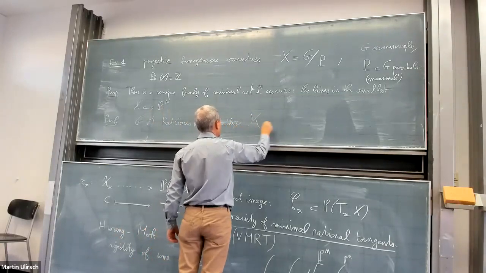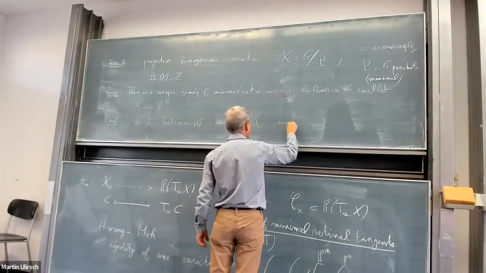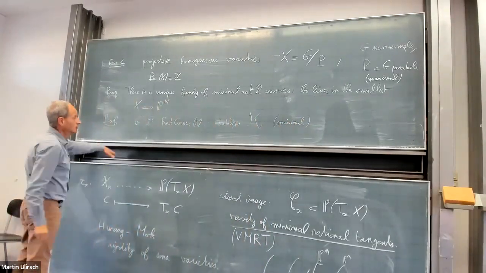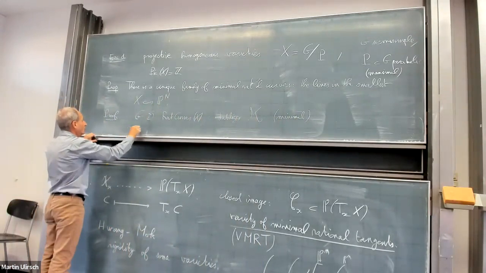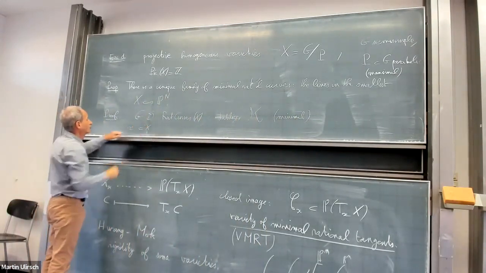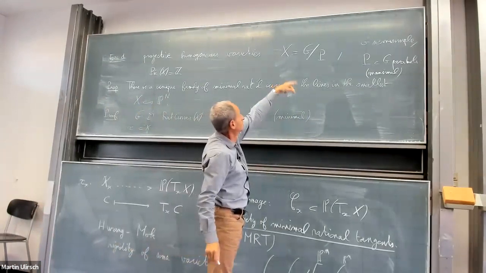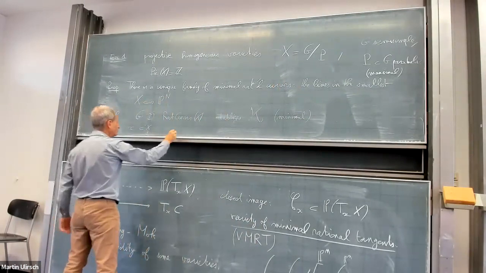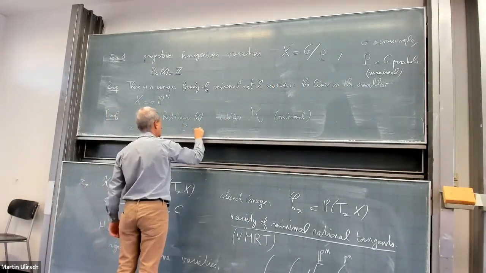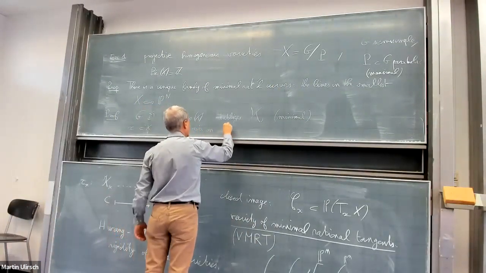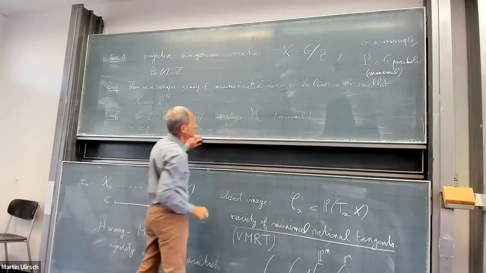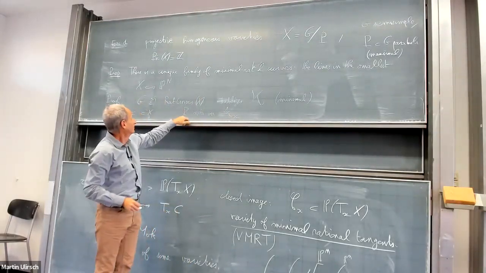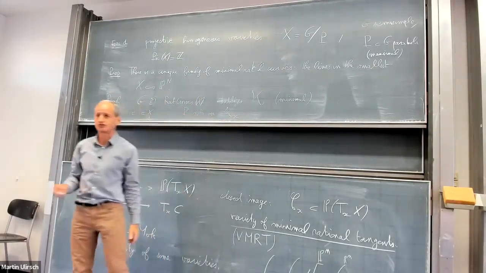So my minimal family is given by G. Okay, and then I have my base point x, the image of P. So the stabilizer of this point, which is P, acts on the curves through the point x.